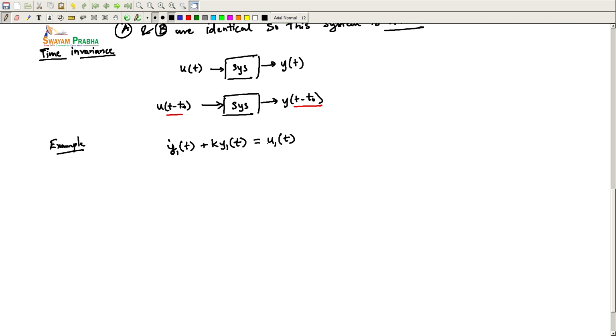This u1 is the input, y1 is the output. Now let us say that for this system I will apply the same input, but there will be a shift in time of tau. So, the time will be t minus tau, and corresponding to that I will get some output y2.